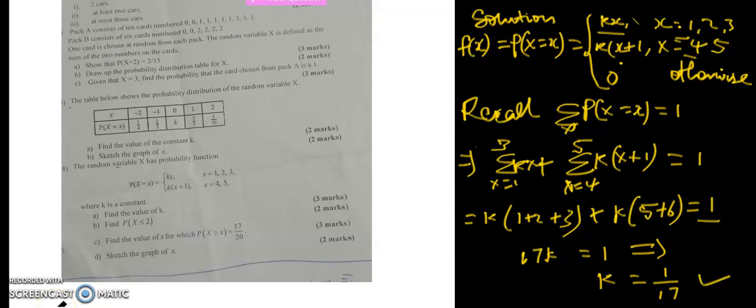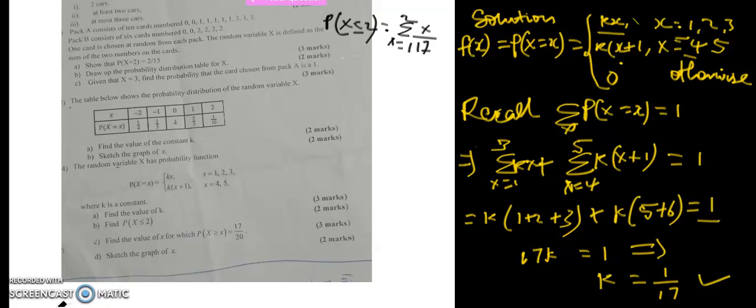So let us find the probability when x is less than or equal to 2. So let us write here the probability of x when it is less than or equal to 2 will be given by the summation of x equal to 1 up to 2, because x is less than or equal to 2, of this function x over 17, because we have 1 over 17, so we can have it as x over 17.